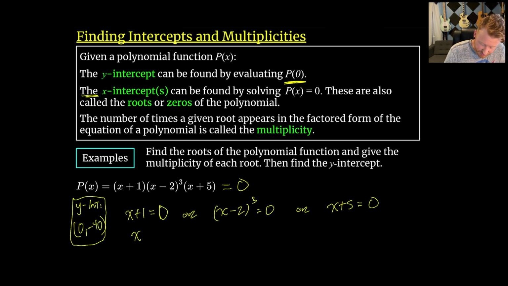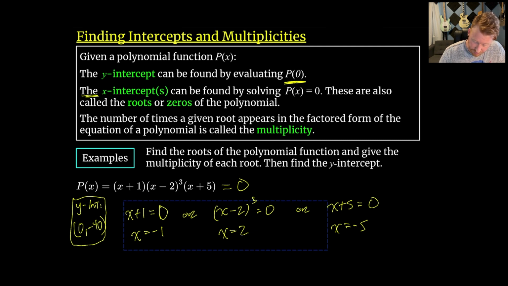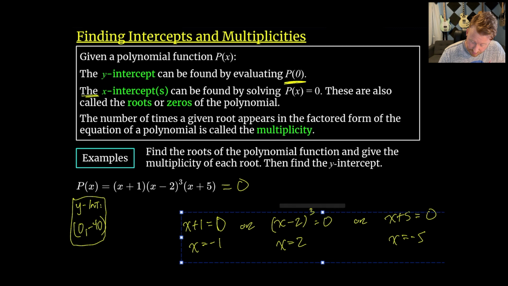Subtract 1 from both sides, we get that x is equal to negative 1, or x is equal to 2. We can essentially ignore the cube here because it would have to be 2 for all of those different factors. And then here we would get x equal to negative 5. So we've got 3 different points. Let me make a little bit of space so I can write down what the x-intercepts are.